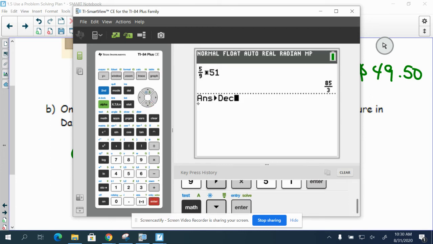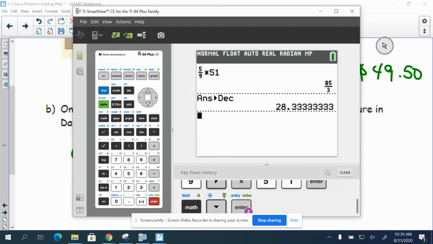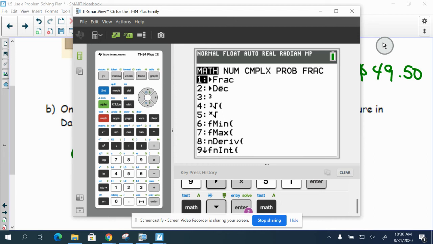So it says answer 85/3, convert to a decimal. So press enter. And it says 28.333. Now, if you have an older calculator that doesn't say plus CE, or maybe it just says plus, then you're going to need to use the fraction converter if you want to be able to use a fraction.